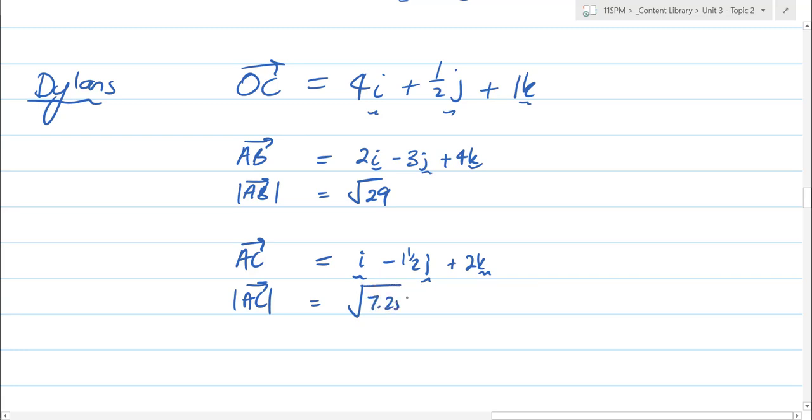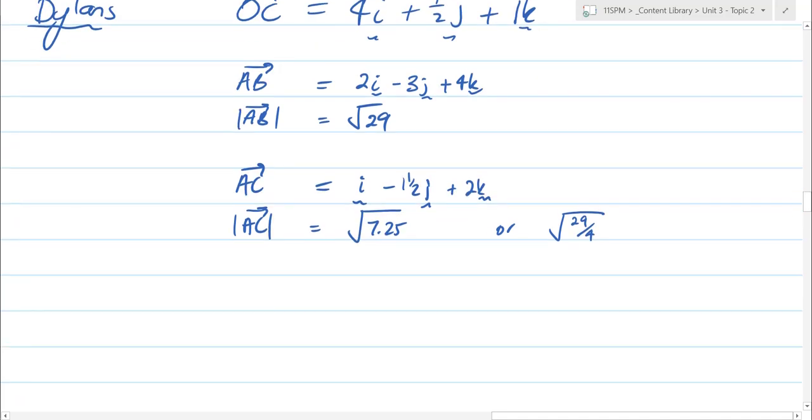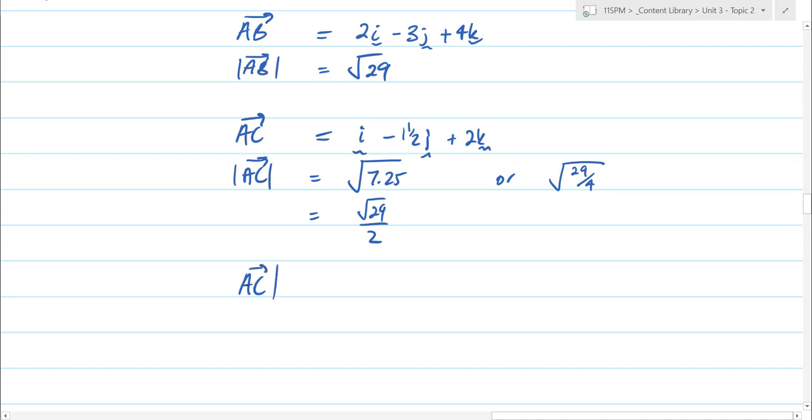What's 7.25 as a fraction? 29 over 4. And so I could write this down as the square root of 29 over 2. And therefore my AB to AC ratio is equal to root 29 to root 29 over 2. And hopefully you can see that this is a 2 to 1 ratio. So we've got that 2 to 1 ratio, which is actually what we expected.